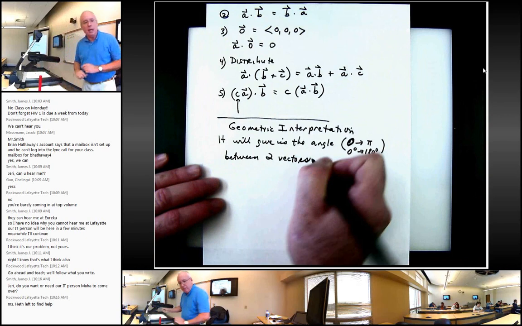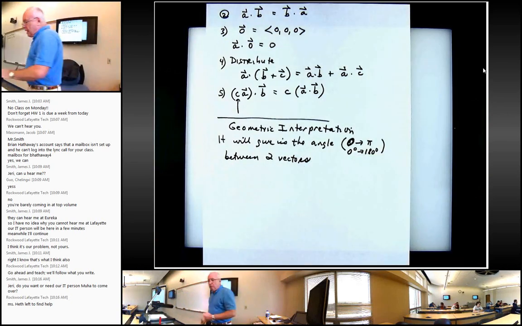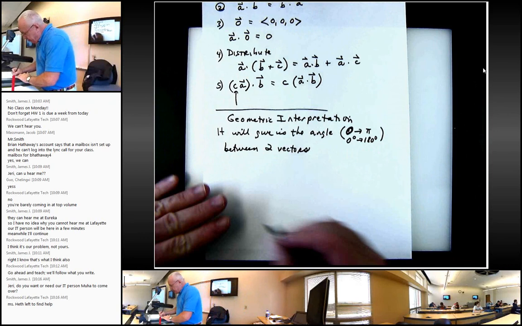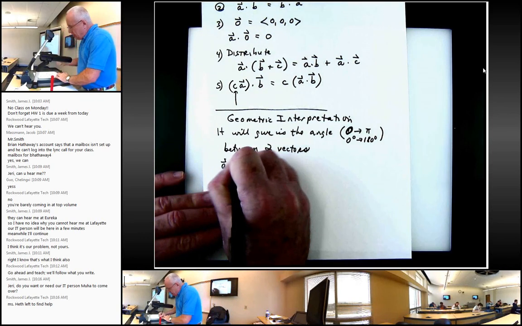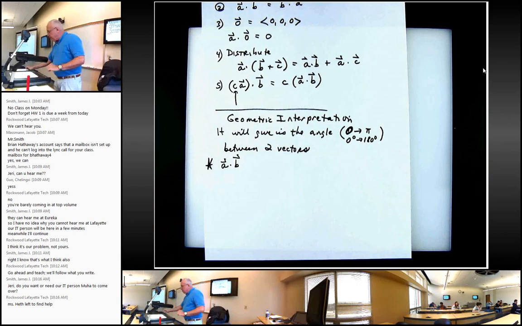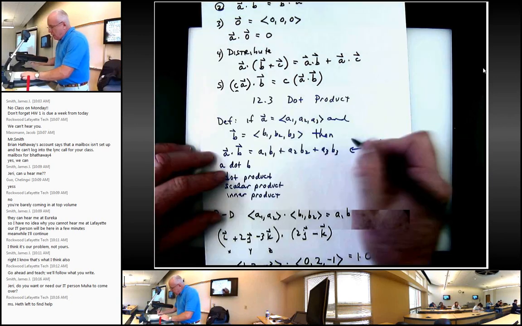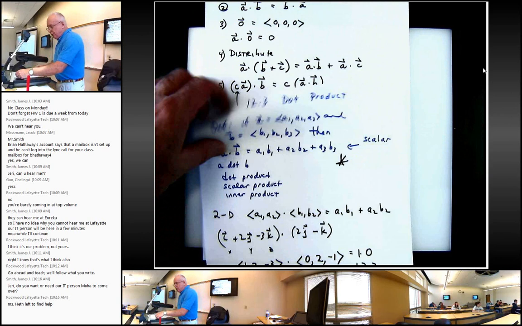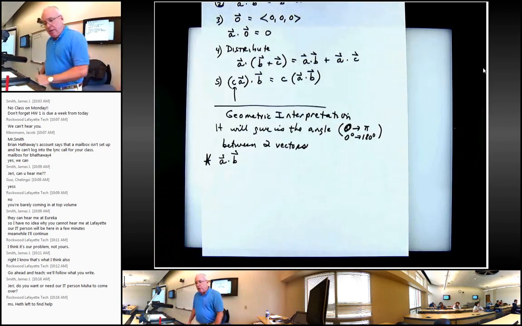All right. And so this is the formula for the dot product that will give us that. A dot B. Certainly I should have put an asterisk over here by the initial definition of the dot product. Here's another one that I'm emphasizing.